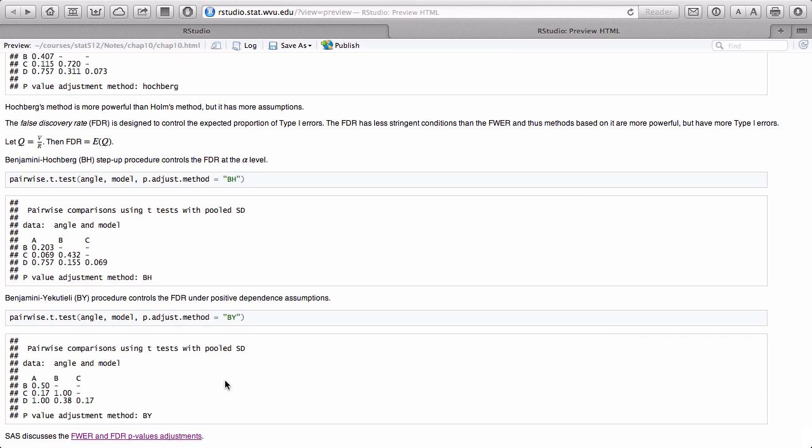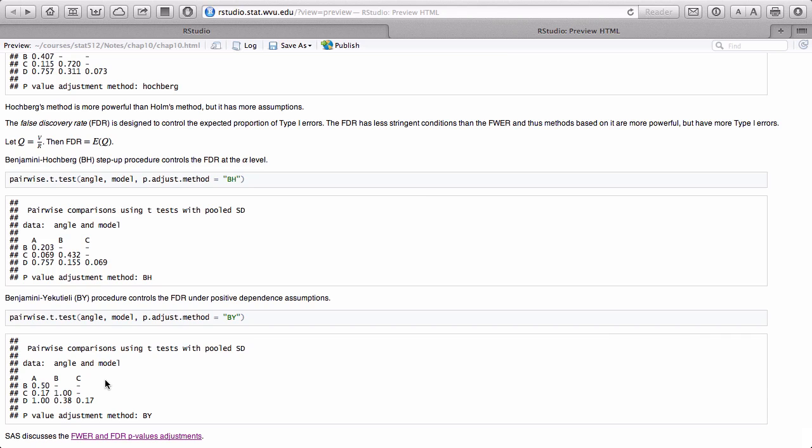So there's a fair amount to say for the Hochberg procedure, and there's also a fair amount to say for the BY procedure, depending on the level of protection you want. Unfortunately, that's going to be up to you. But in particular, if you have a lot of tests, like in genomic studies, then I recommend you use false discovery rate if you have a lot of multiple comparisons.